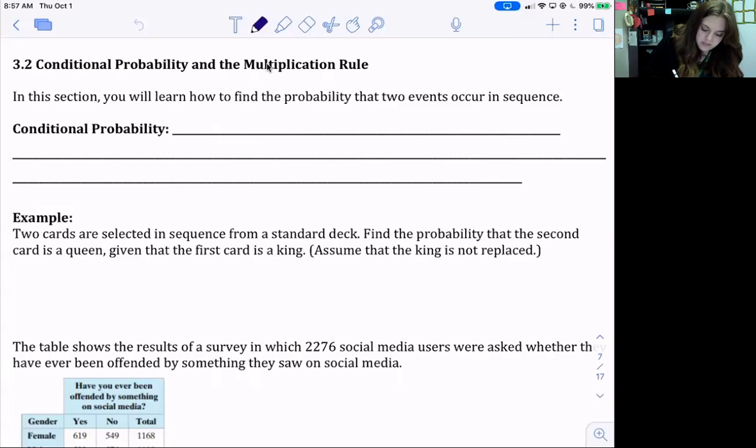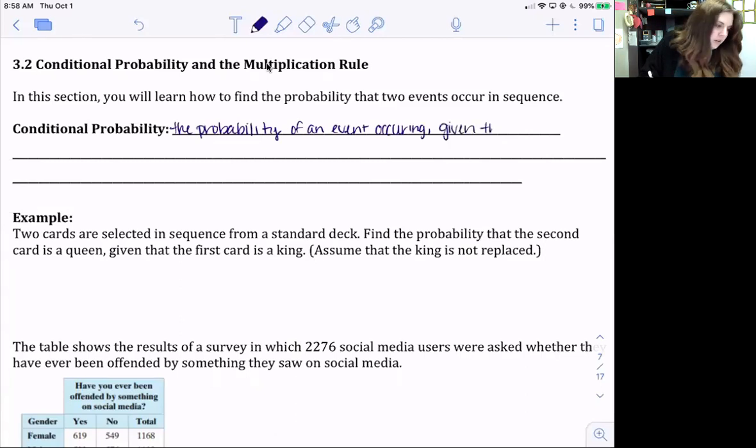And this is the probability of an event occurring given that another event has already occurred.